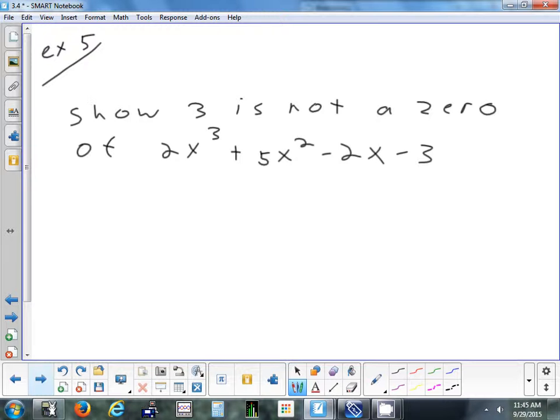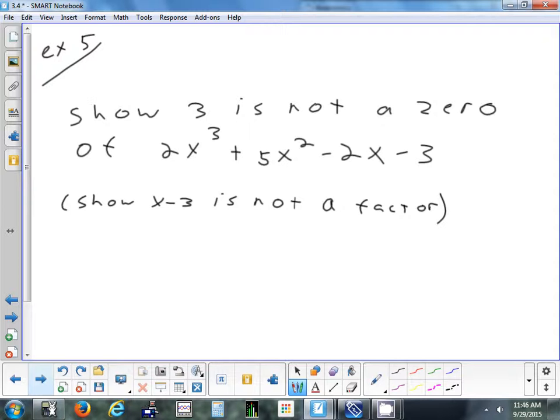Okay, I want to show that 3 is not a 0. What is that equivalent to saying? If I want to show that 3 is not a 0, I could show that what is not a factor? X minus 3. So really, we're going to show x minus 3 is not a factor.